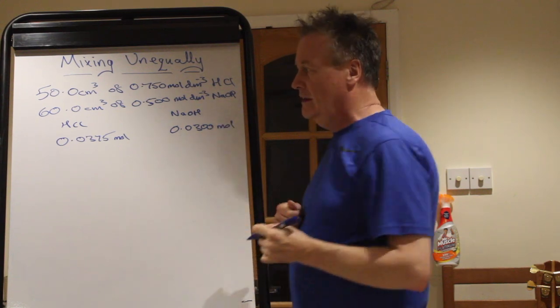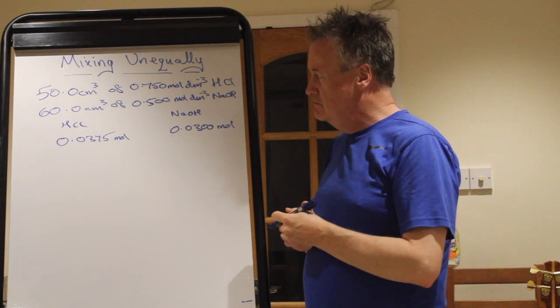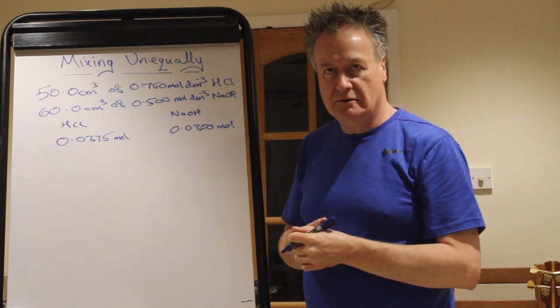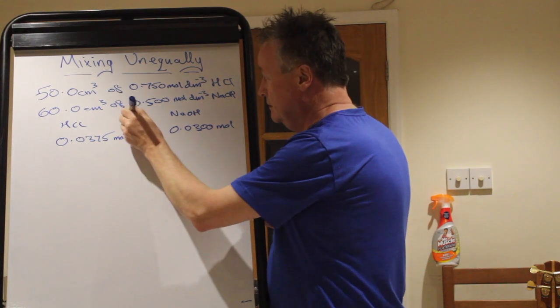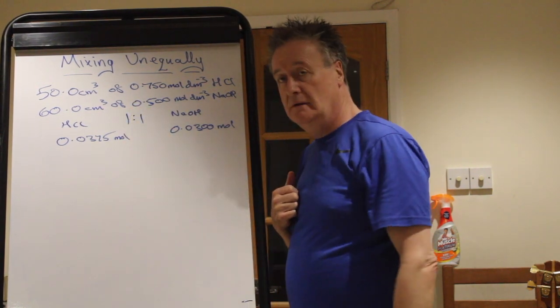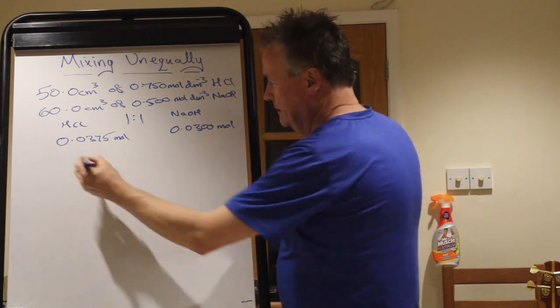We need the equation, but the equation between sodium hydroxide and HCl is a 1-to-1 ratio, so therefore quite straightforward, 1-to-1, HCl is in excess.